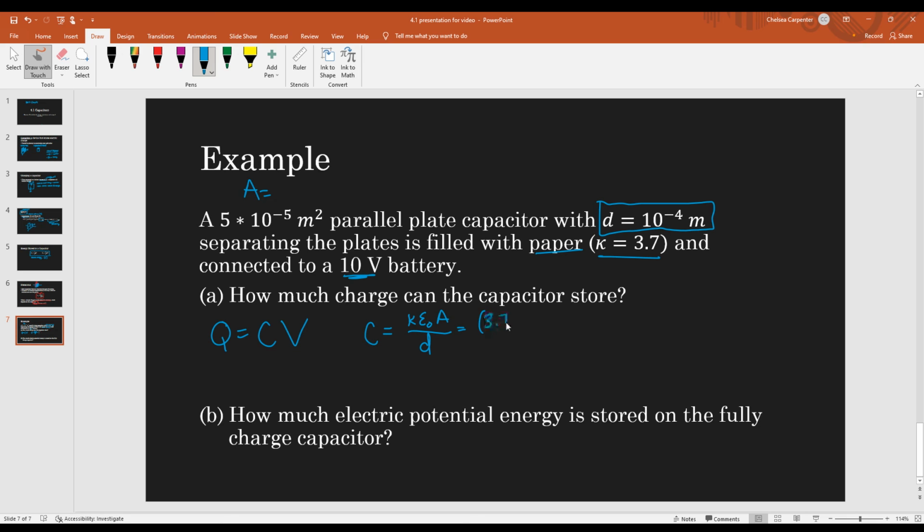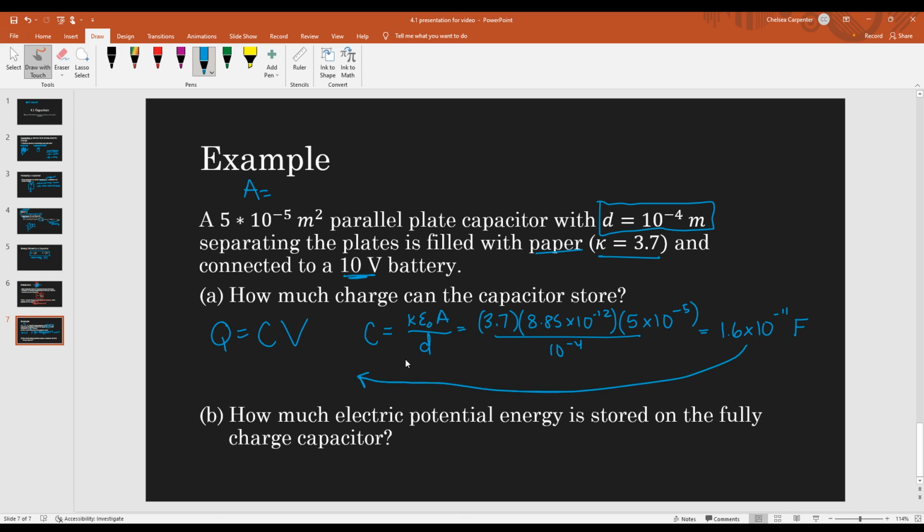So that's 3.7 times 8.85 times 10 to the negative 12th, times the area that we're given, all over 10 to the negative 4th. And we get capacitance is 1.6 times 10 to the negative 11 farads. So farads are the unit for capacitance.